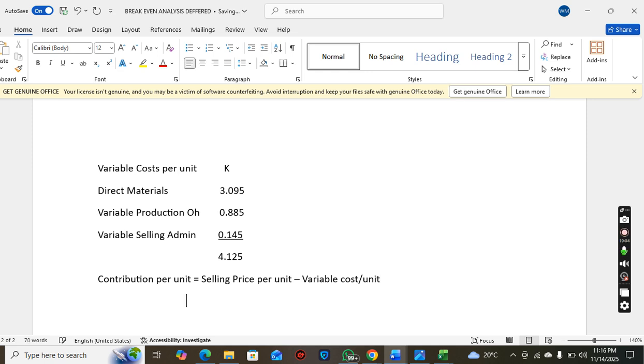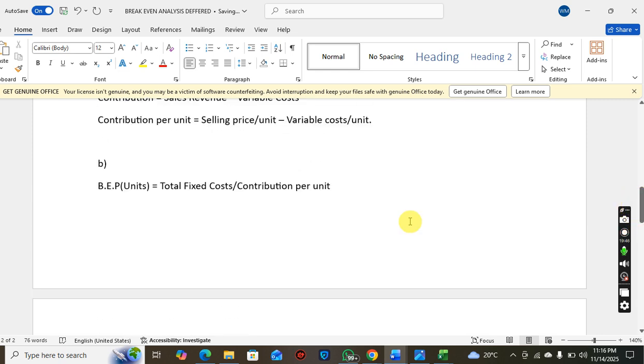So our selling price was 13.75 minus 4.125, 9.625. Yes.